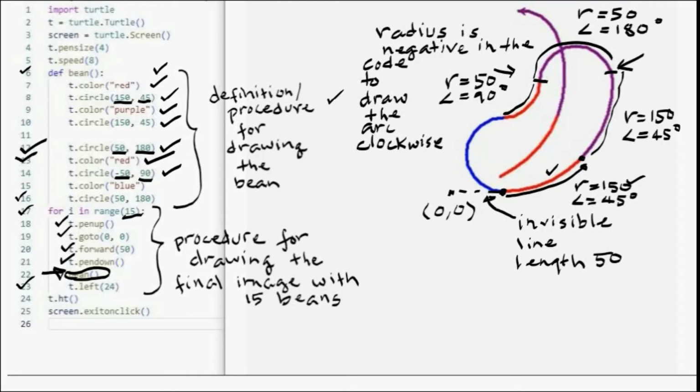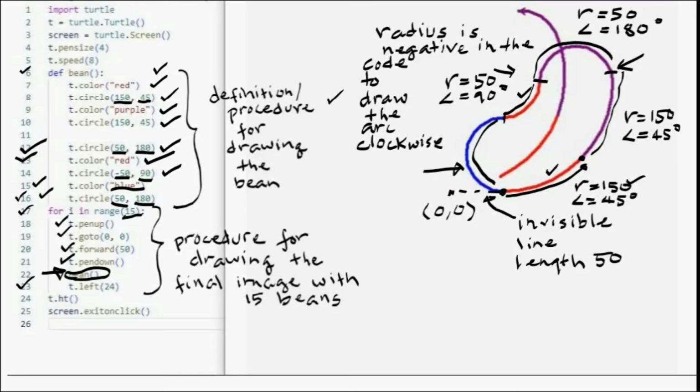Now that I have drawn this red arc here, I will be drawing this blue semi-arc here. And the blue semi-arc is defined in number 15 and number 16. So first we change the color to blue, and then we draw the semi-arc from a smaller circle with radius 50, and the angle of generation is 180.